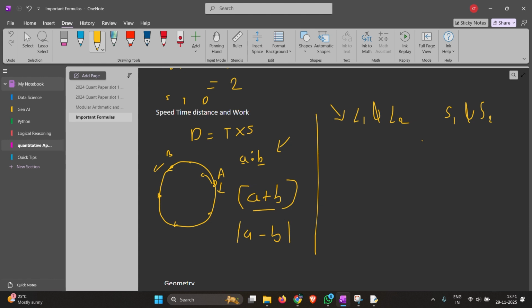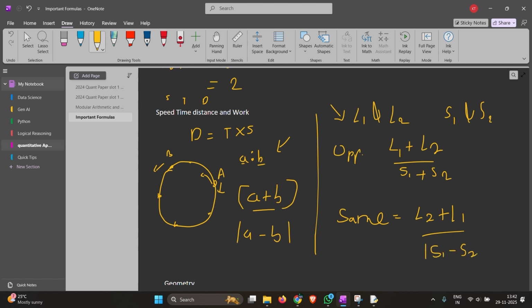The time taken for those trains to cross each other, if they are going in the opposite direction, would be L1 plus L2 upon S1 plus S2. And if they are going in the same direction, it would be L1 plus L2 upon mod S1 minus S2.